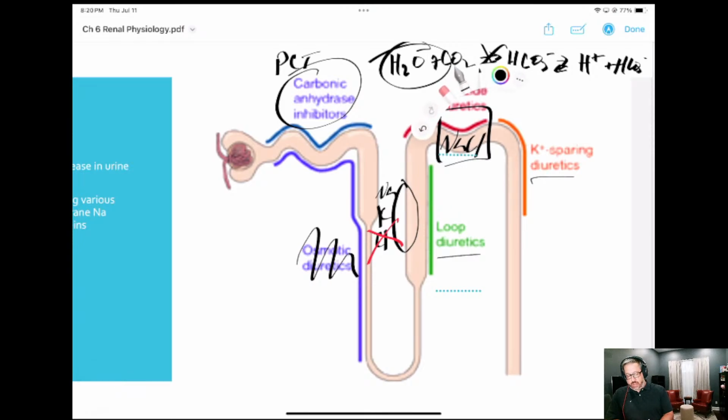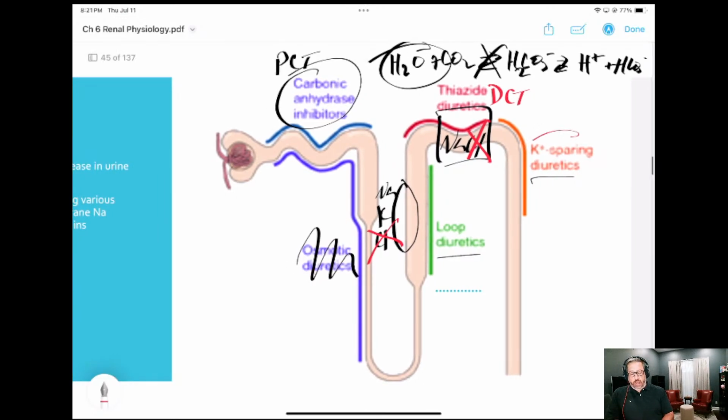Thiazide diuretics again block the chloride channel in the distal convoluted tubule. That's the only place that has these types of transporters. So thiazide diuretics work at the distal convoluted tubule to shut down that entire thing. So all that sodium and essentially the water stays in the tubular fluid, essentially making the urine.